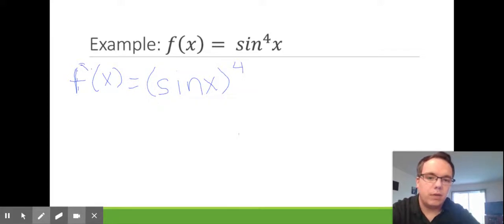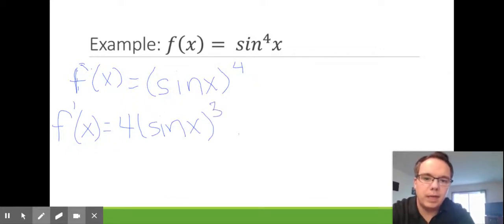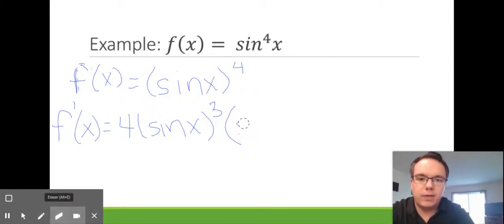Now, to find the derivative, we can use the chain rule. And the chain rule, remember, says to bring down this power, keep what's inside the parentheses the same, take one power away, and then multiply by the derivative inside. So the derivative of sine is cosine.